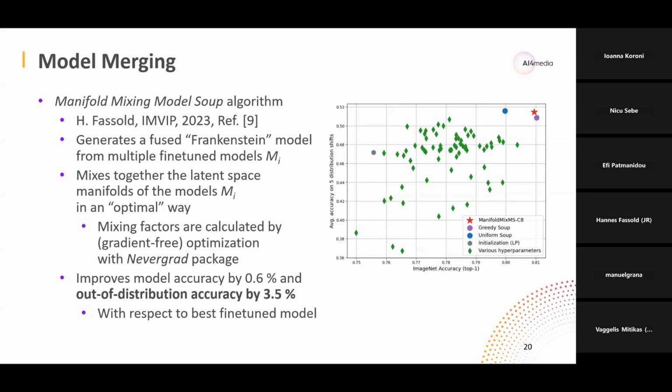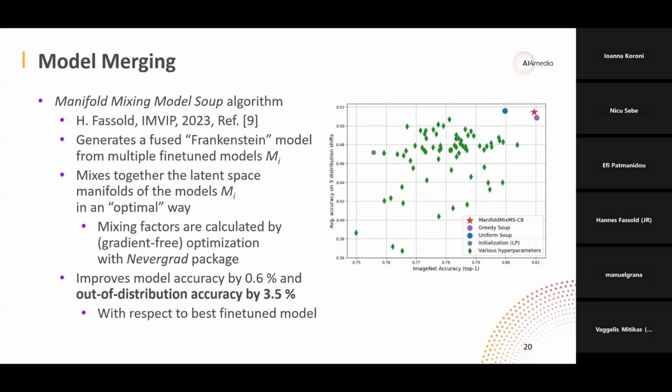What I was working on is what I was calling the manifold mixing model soups algorithm. What it does, you can see it as a Frankenstein model actually. It generates a fused model from multiple fine-tuned models, and not in a local way.